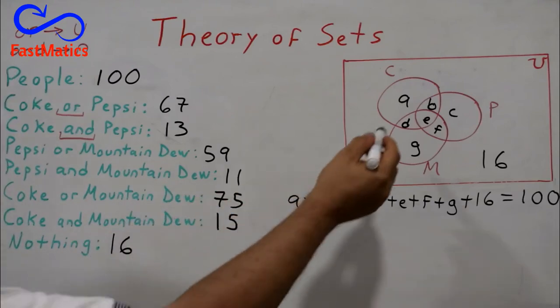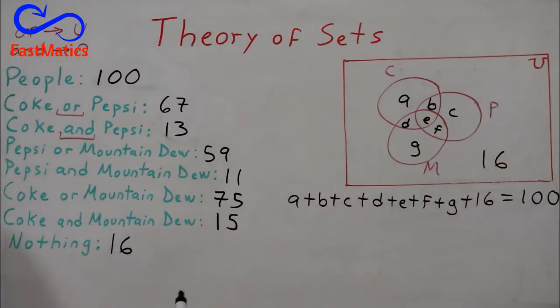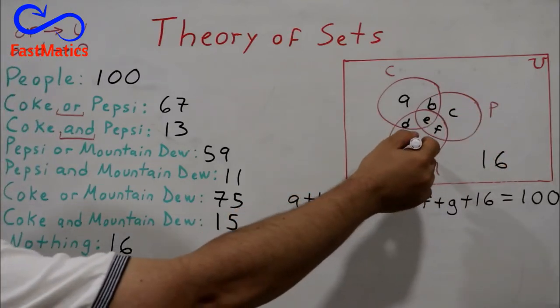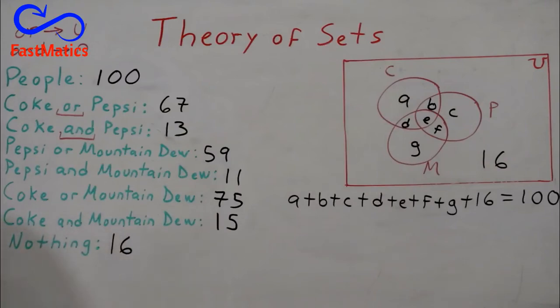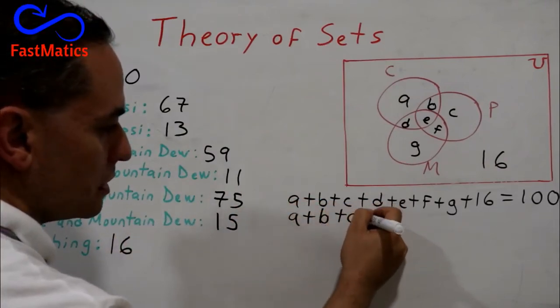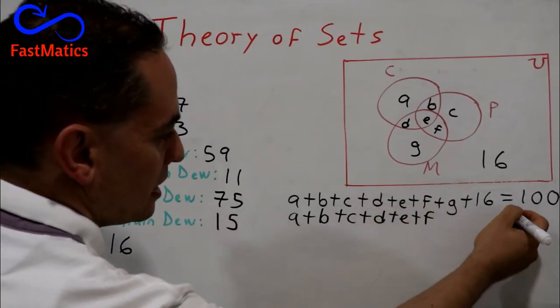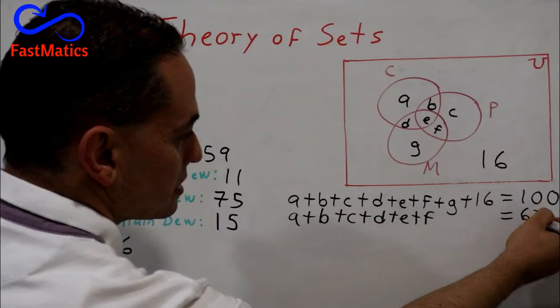Then Coke plus Pepsi without G, 67. Then A plus B plus C plus D plus E plus F is equal to 67.